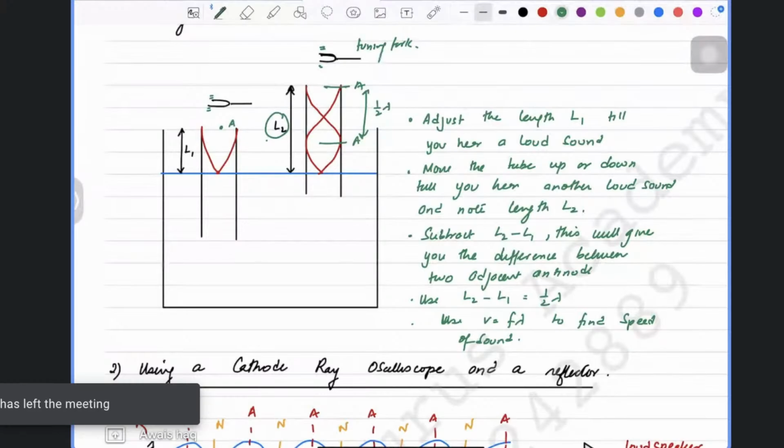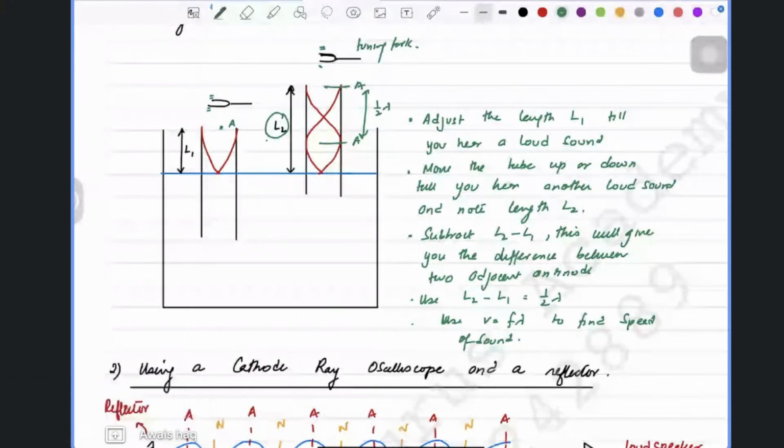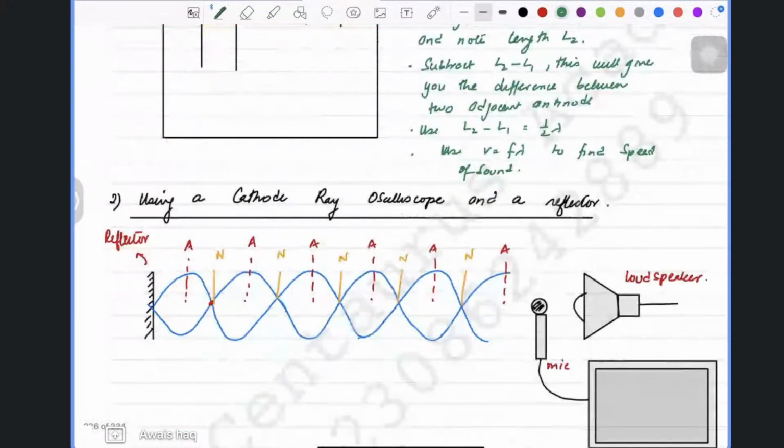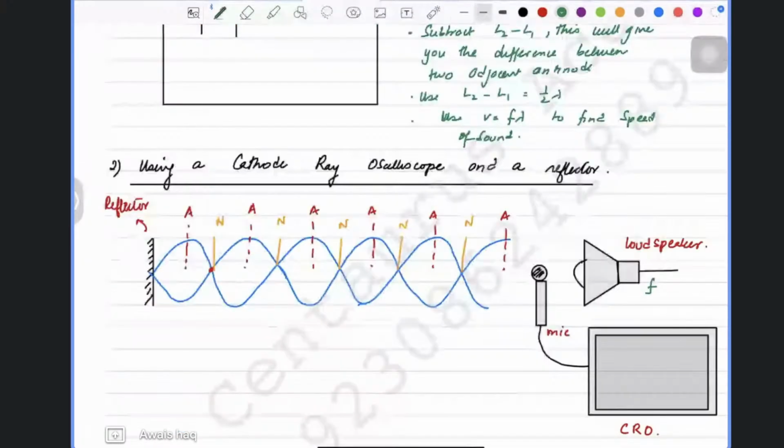Then we can also do the same through a reflection of wave experiment, where we form a wave like this. For example, you have a loudspeaker you're forming a stationary wave from. So what you guys need to understand is that when the microphone is moved in a line, when it reaches here, it would actually display the loudest sound or the highest amplitude on the CRO.